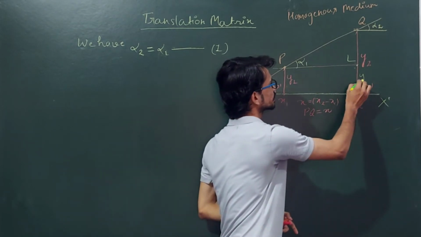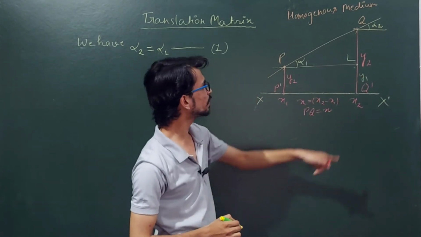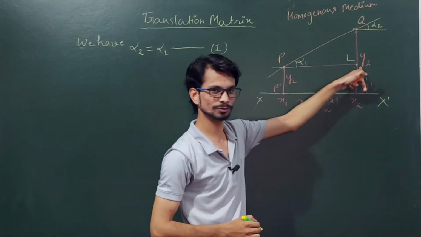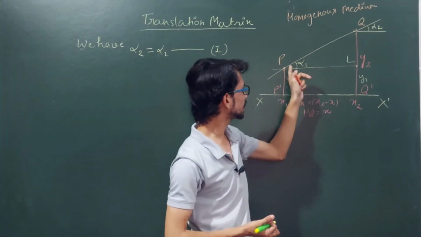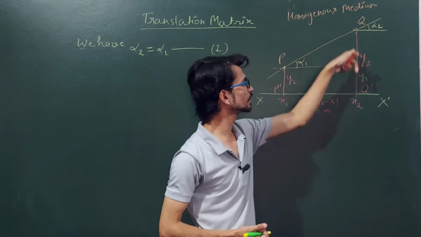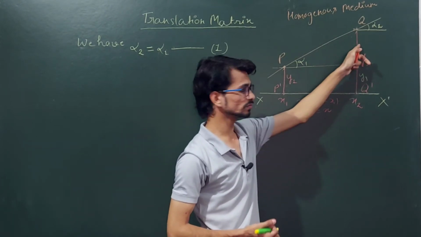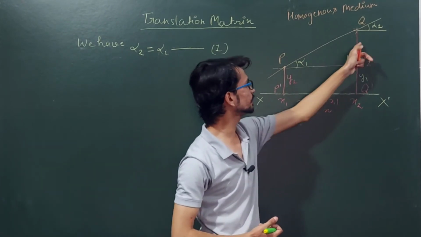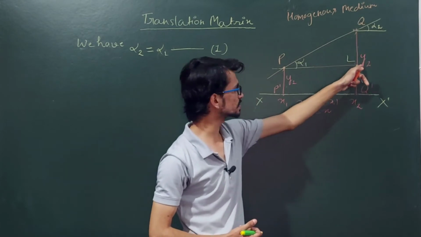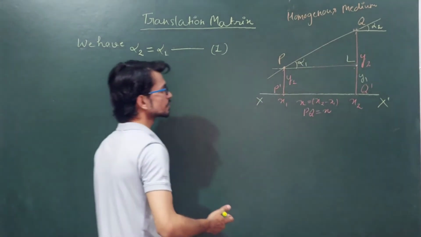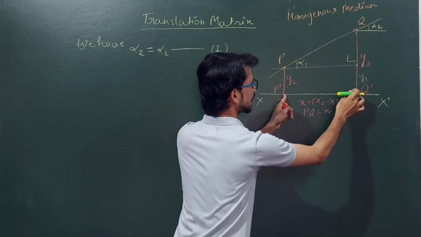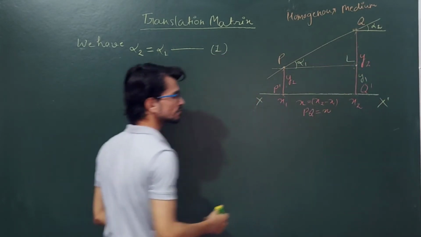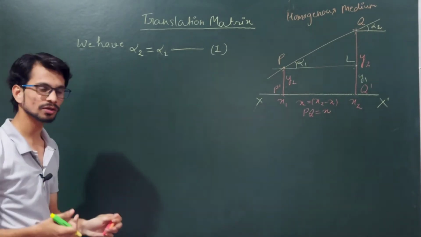What about this distance QL? QL can be found from this triangle. This is the angle, and the side in front of the angle is the perpendicular. This is the base and this is the angle. The relation between the base and angle, because I have the base, this is x, and this is the perpendicular, is from tan theta.